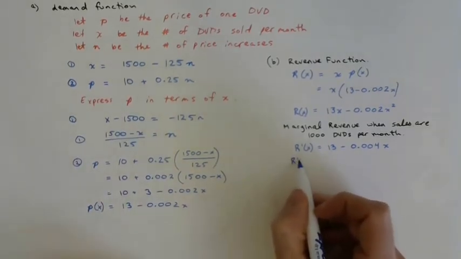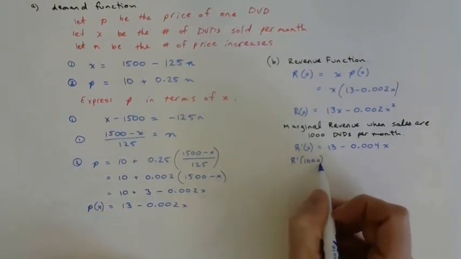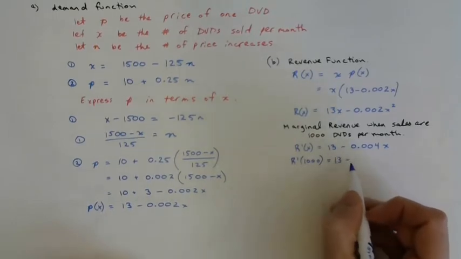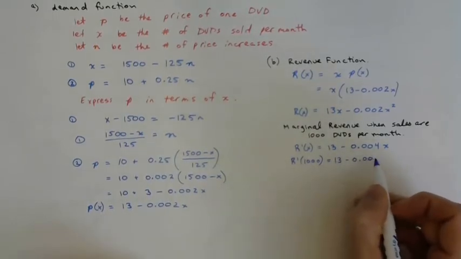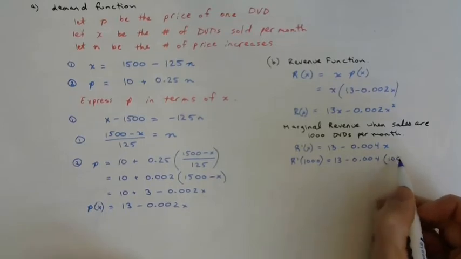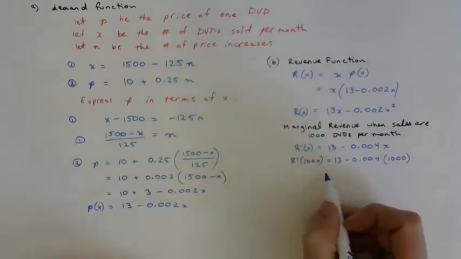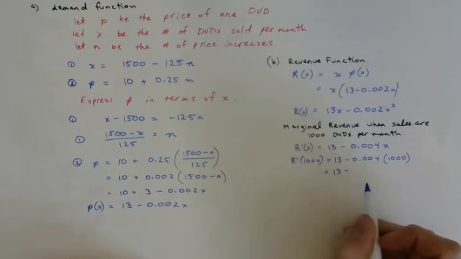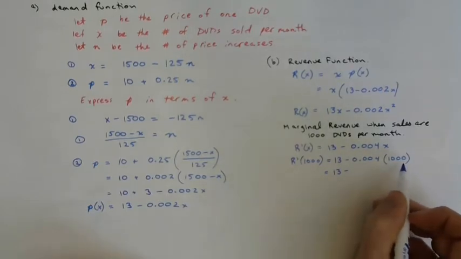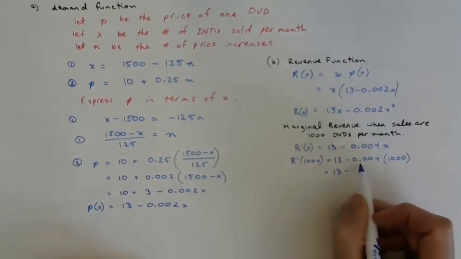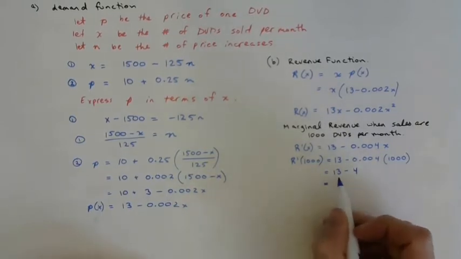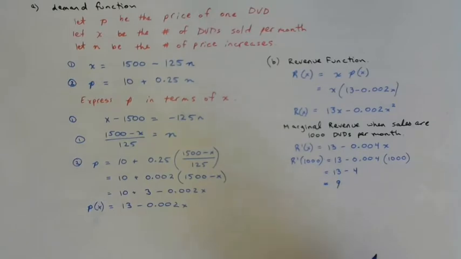So we've got the marginal revenue function at x equals 1,000. Should copy down what we have and sub 1,000 in for x. Multiplying by 1,000 is moving the decimal place 3 places. So 1, 2, 3. That's going to be 13 minus 4, which is 9.